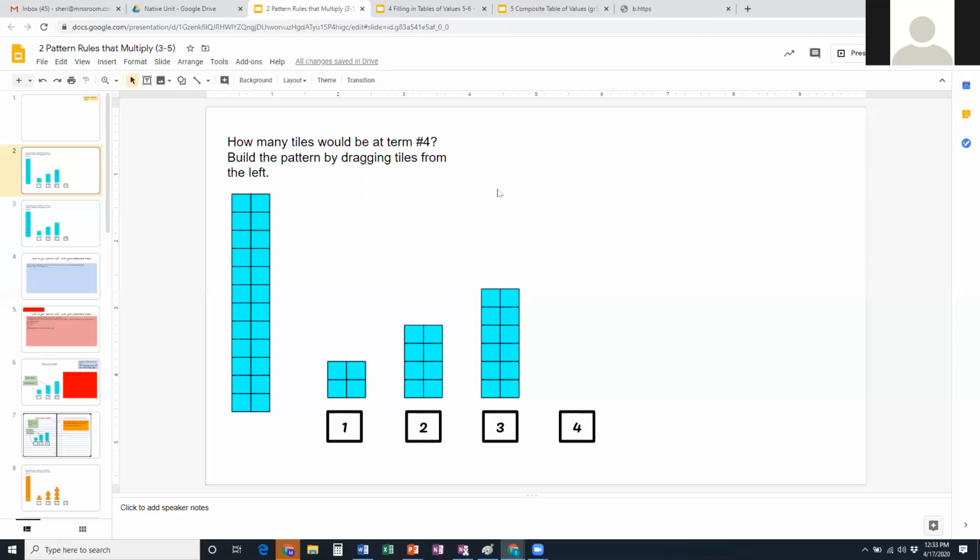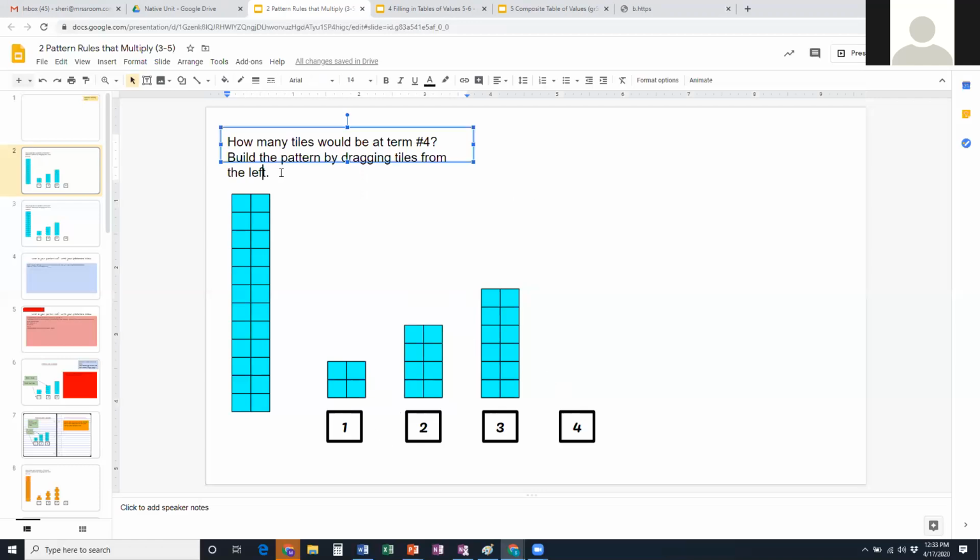And if you're already seeing a pattern here, we multiplied by 4. So if we're multiplying by 4, remember that this would mean that the value equals the term number times 4.